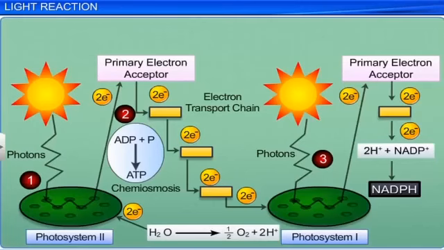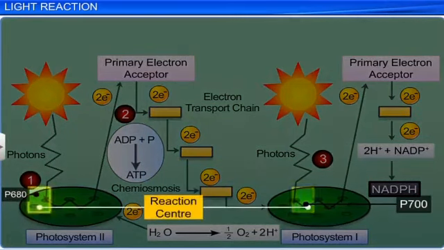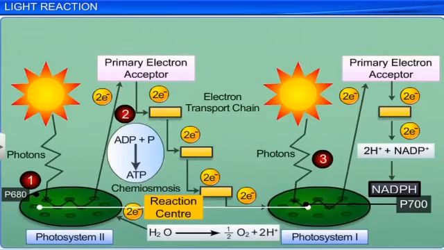The single chlorophyll A molecule forms the reaction center in PS1 as P700 and in PS2 as P680, symbolizing the absorption maxima of chlorophyll in these centers.